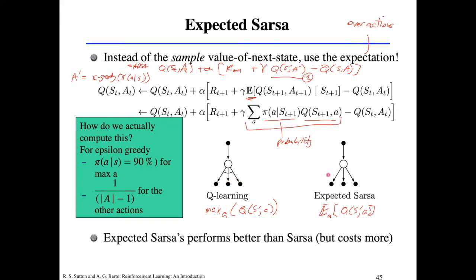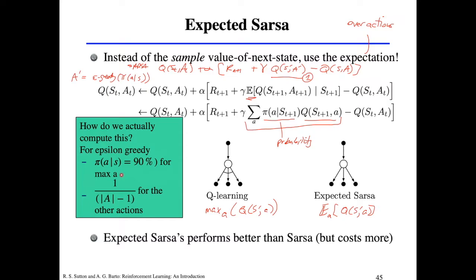In expected SARSA, you go over all of them and you weight them in proportion to how likely they are. That's kind of halfway, in a sense, between SARSA and Q-learning. This does require you to know pi, your policy.